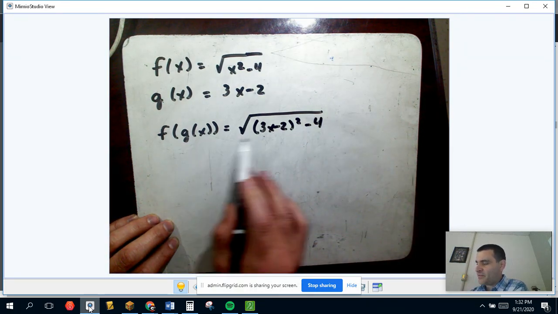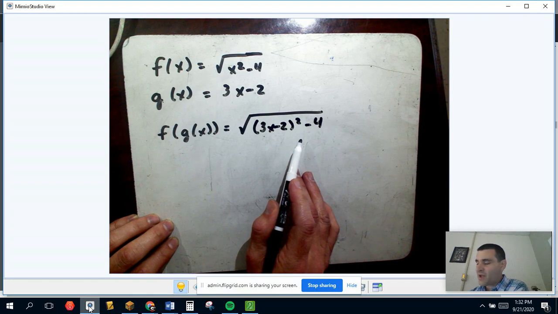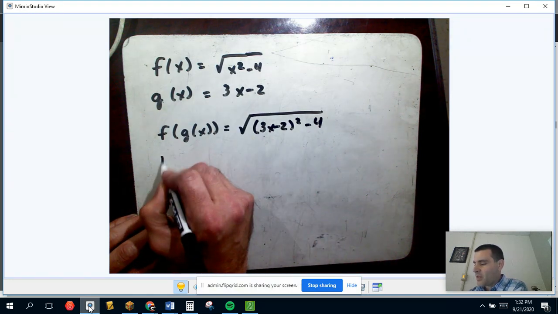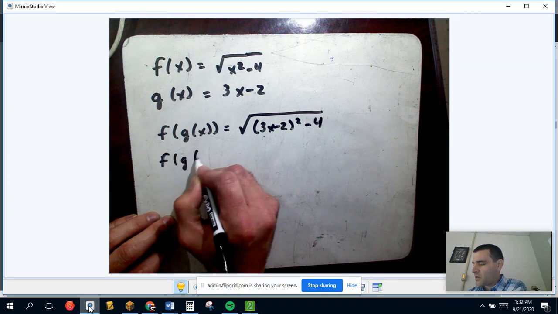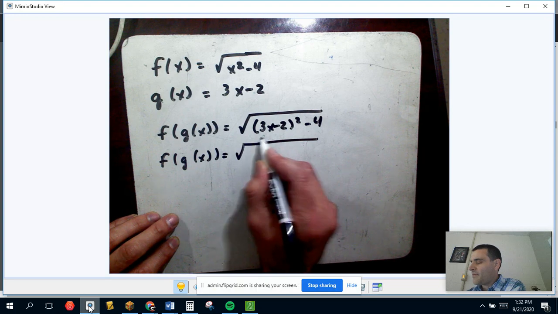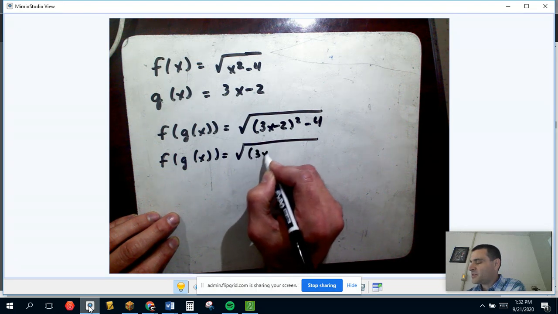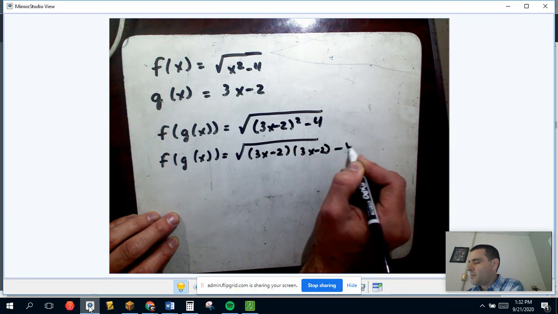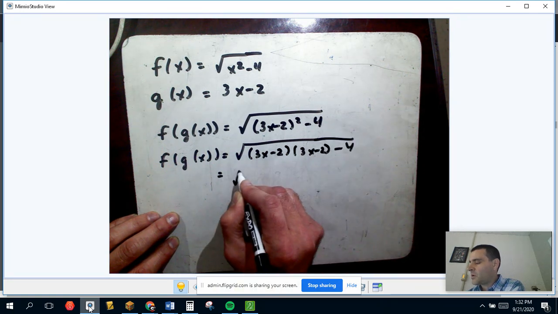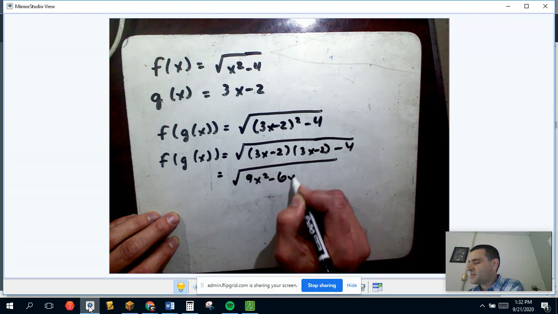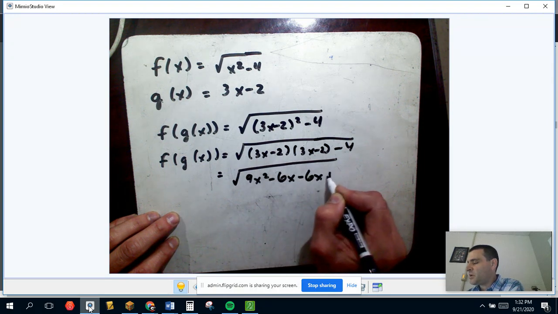Okay, so this is f of g of x, if you remember your algebra. 3x minus 2 just went in for x. Okay, so let's work this out. If I square this out, 3x minus 2, 3x minus 2 minus 4, that's going to be 9x squared minus 6x plus 4 minus 4.